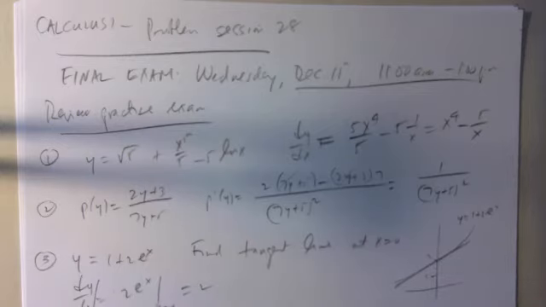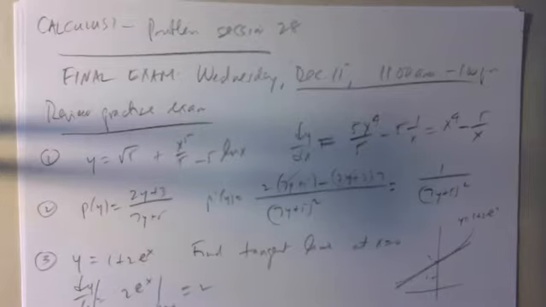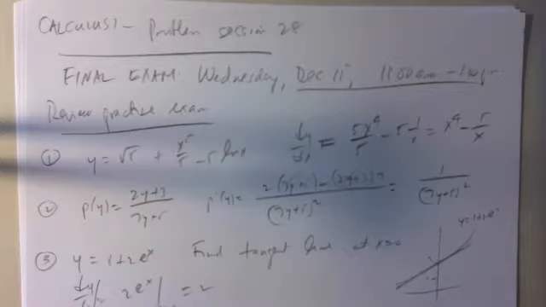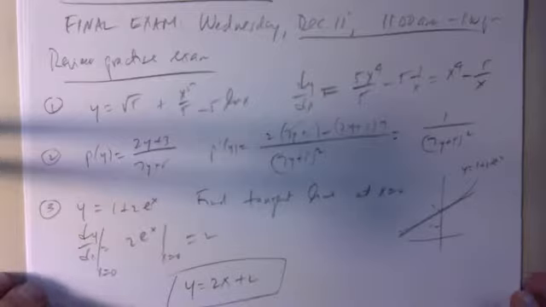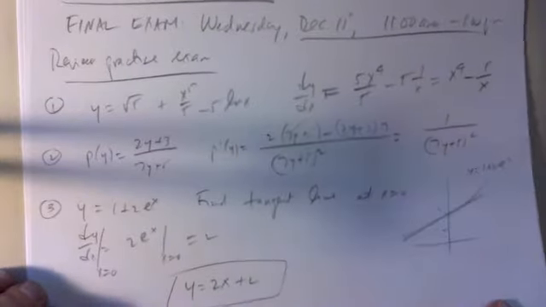So the equation of the tangent line is y equals 2 times x plus 2. This is the line with slope 2, which goes to the point 0, 2. Questions? Okay.